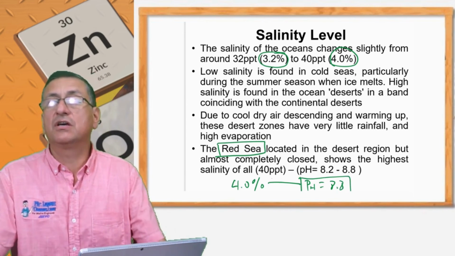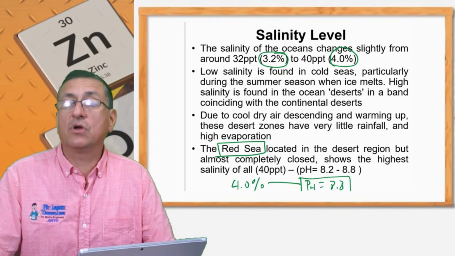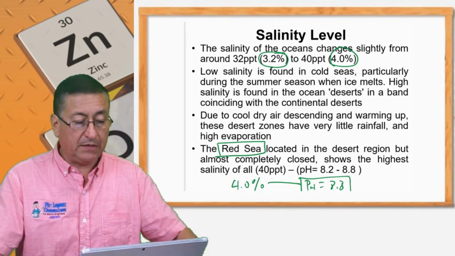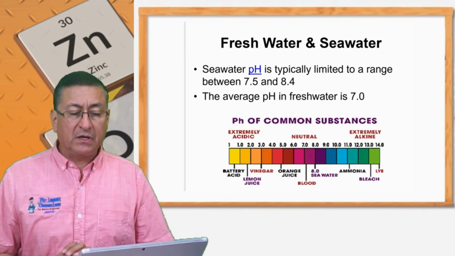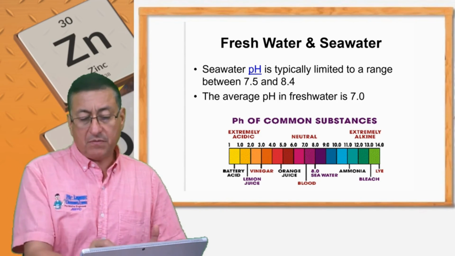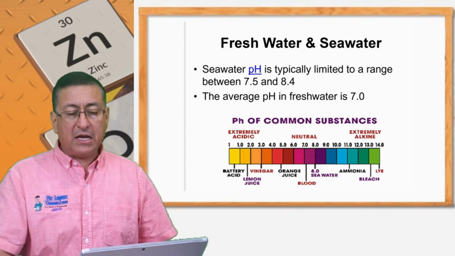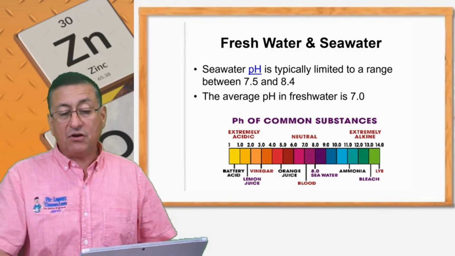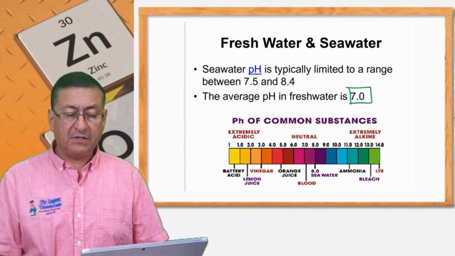This is the pH of the seawater with high concentration of salt. Fresh water and seawater: seawater is in between 7.8 and 8.4, 8.8, and the average pH of fresh water is 7.0. Yeah, this is a good example.